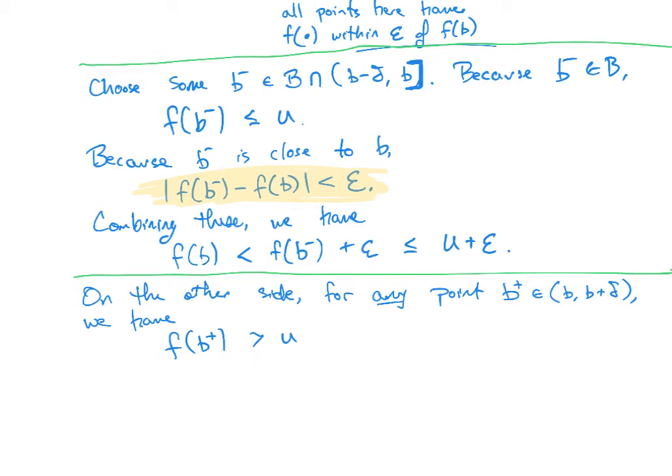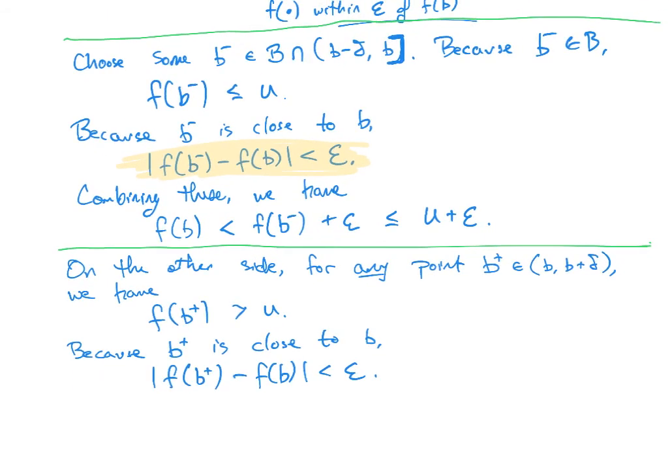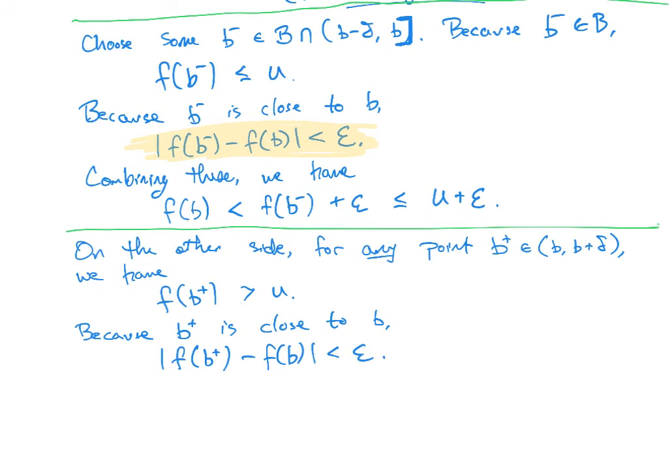Okay, so we go look at any point over there on the right. Its function value is greater than u, but it's close to b. So its function value is close to f of b, right, within epsilon. And now, again, we combine these, but we want the other direction on f of b this time.